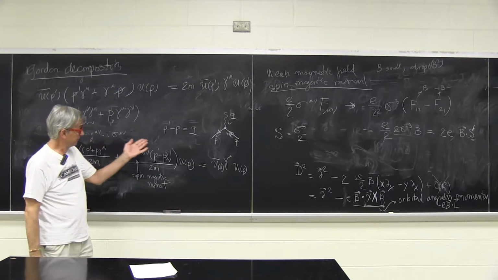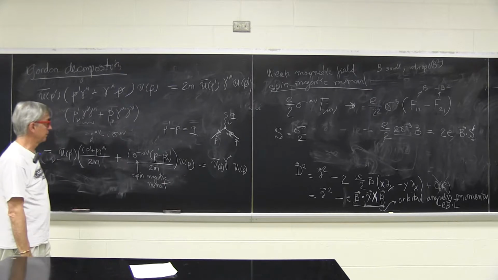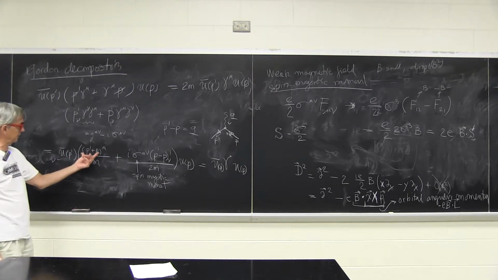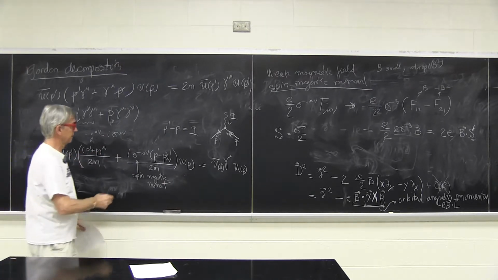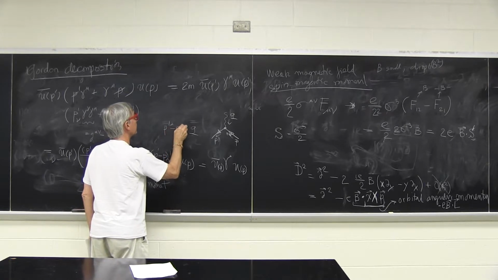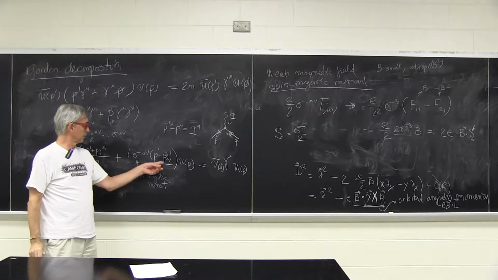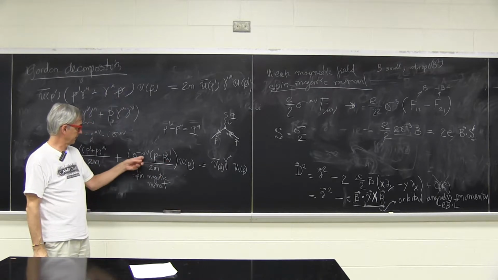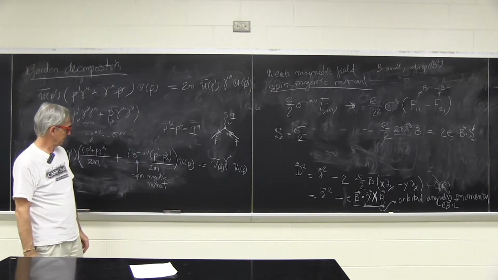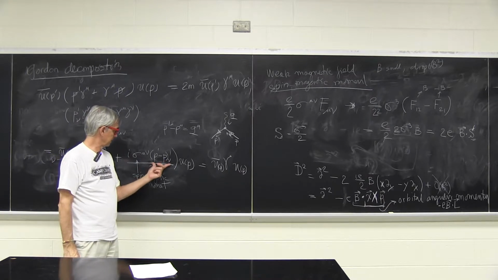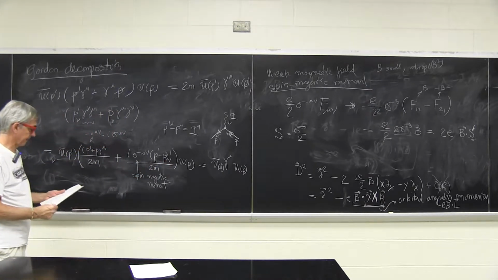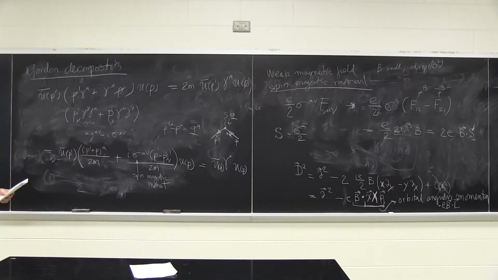So you have two momenta at your hand as the 4-vectors. Then you can compose the momenta with the sigma mu nu, and that's about it.